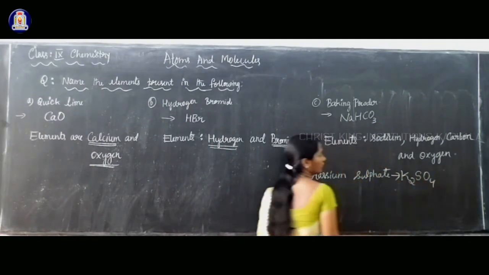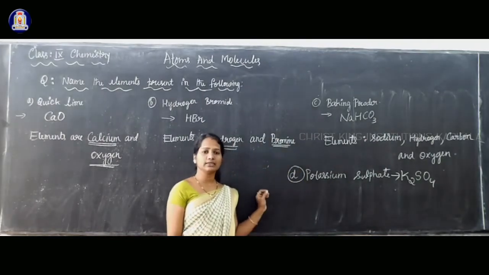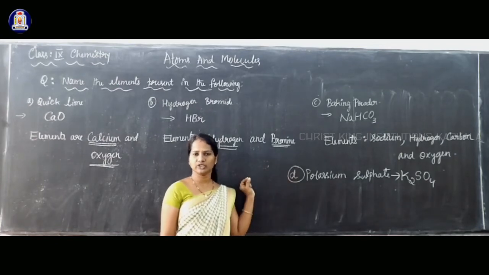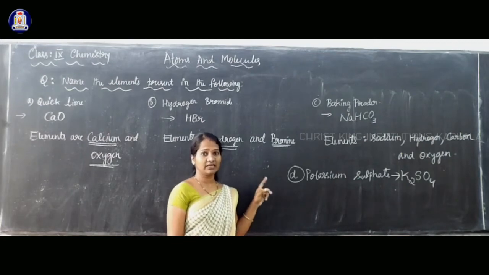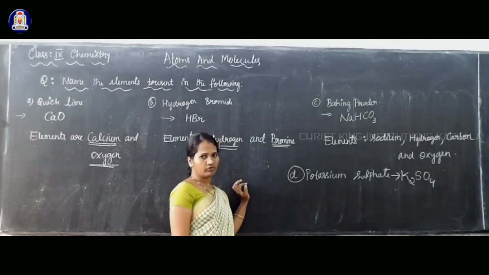The chemical formula of potassium sulfate. I already discussed how to write the chemical formula. Potassium charge is +1. Sulfate SO4 is -2. So that 2 goes to potassium. K2SO4, the chemical formula of potassium sulfate.